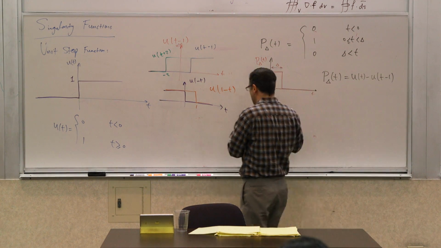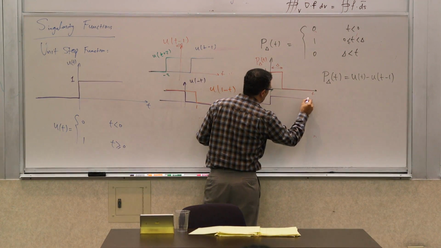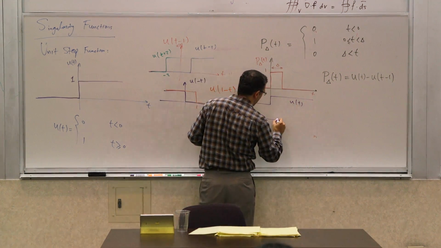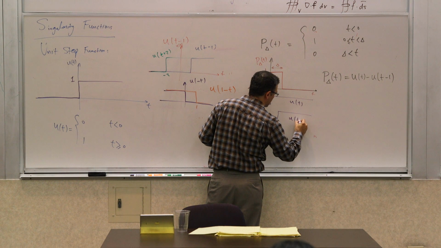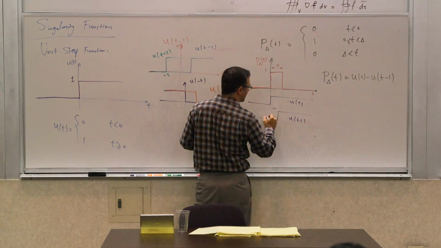Think about it, again, visually. This is u of t, right? This is u of t minus 1. This minus that gives you what?